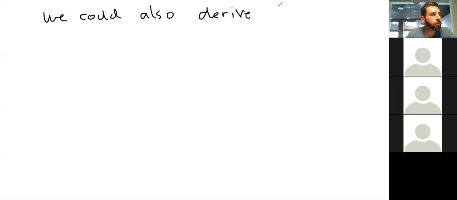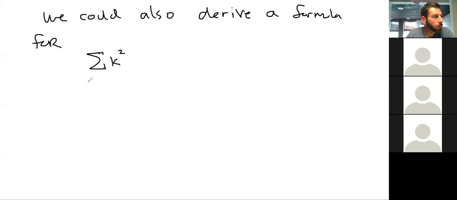I'm not going to go through this, but you could also derive a formula for this creature. Instead of adding the numbers up, let's add up their squares. 1 squared plus 2 squared, we've seen this before, haven't we? Plus 3 squared.